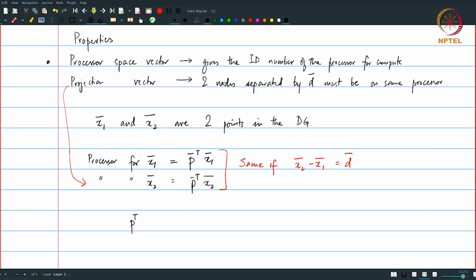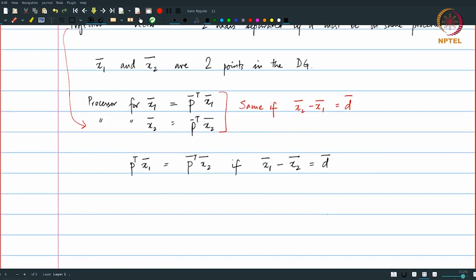What we say is P transpose x1 should be equal to P transpose x2 if x1 minus x2 or x2 minus x1 is equal to D. Either way, we don't care about the direction actually.